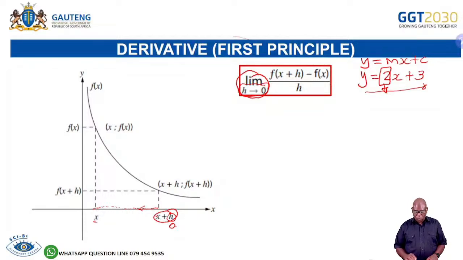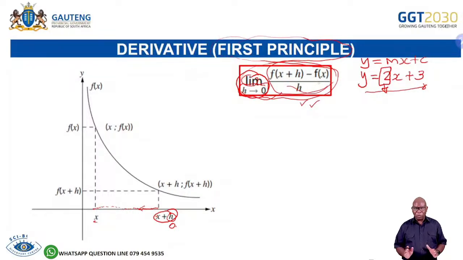But in this case, we first have to do it using first principles. All right? So in first principles, this is the formula that we're going to use. If you see a question that says derive the following using first principles, then you know that the formula we need to use is the formula with the limit and the average gradient.